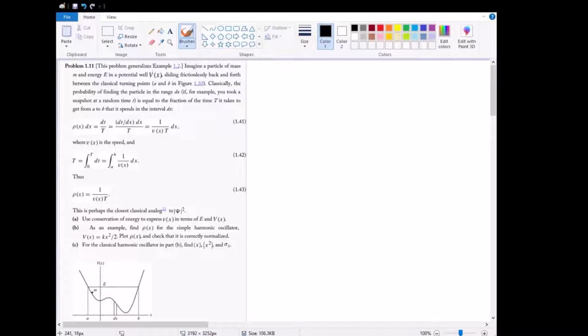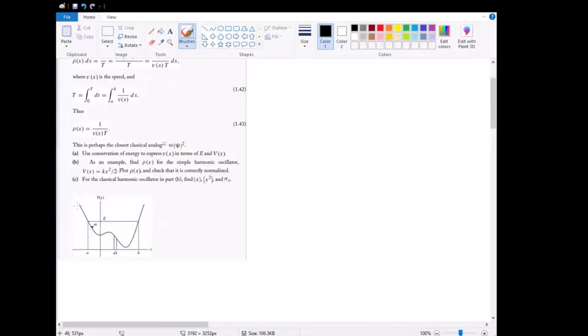So in 1.11, we are given a particle of mass m and energy E in a potential well V of x, sliding frictionlessly back and forth between the classical turning points A and B. And we are given a figure for this, thankfully. So we have this physically realized potential well with our particle just sliding back and forth.